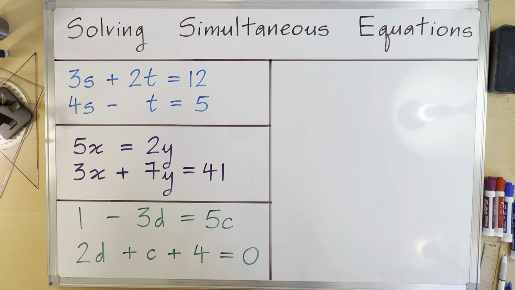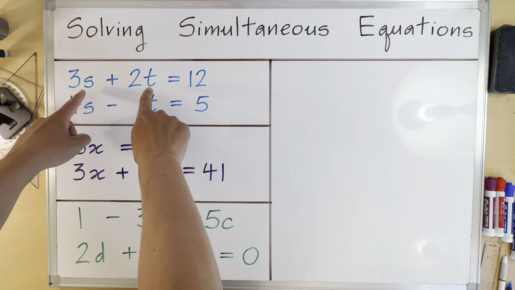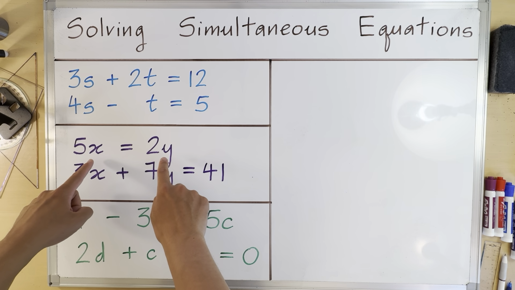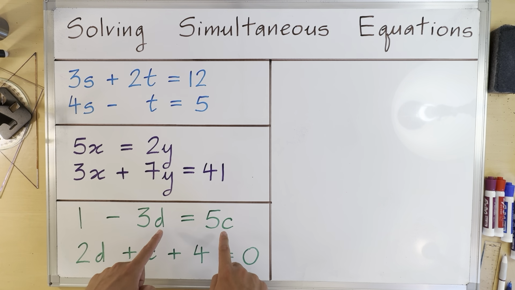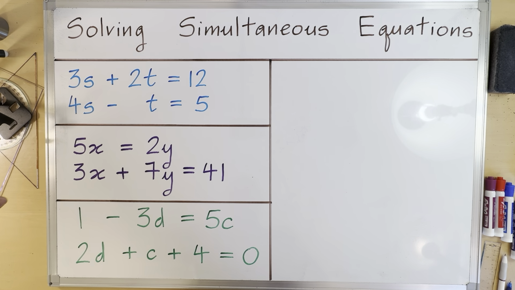And the way to solve simultaneous equations is to move every single term with an unknown variable letter to one side of the equation, and every single term that does not contain a variable letter, but with numbers only, to the other side of the equation.